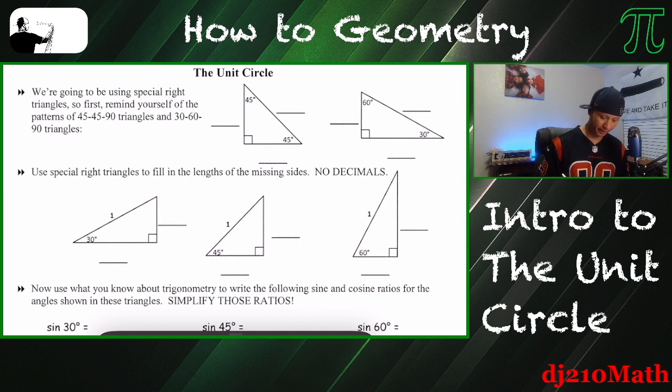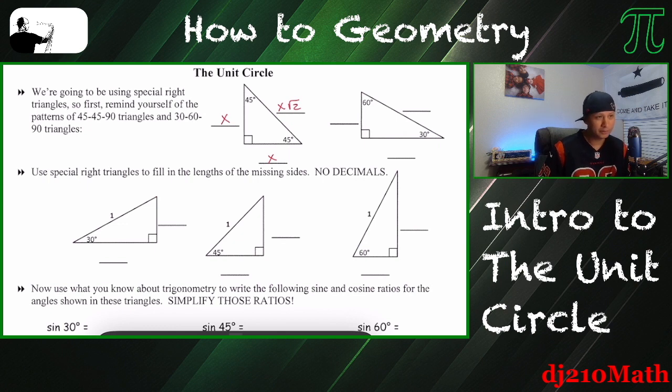When you have a 45-45-90 situation, whatever length the legs are, they're going to be the same, obviously, because it's an isosceles right triangle, right? The legs are equal. Then the hypotenuse is going to be the leg times root 2.